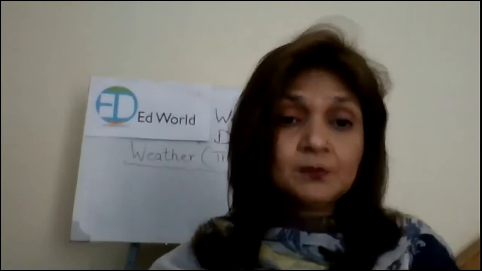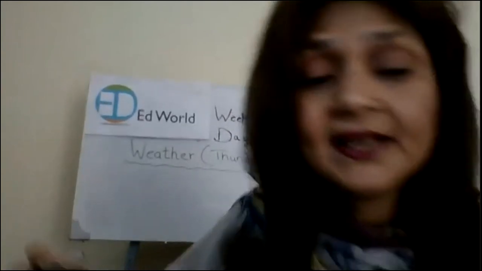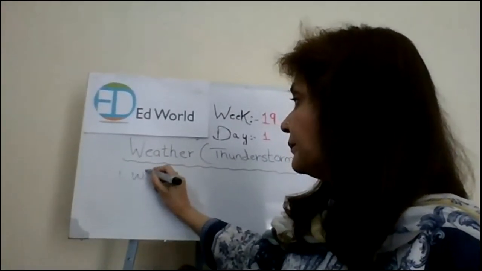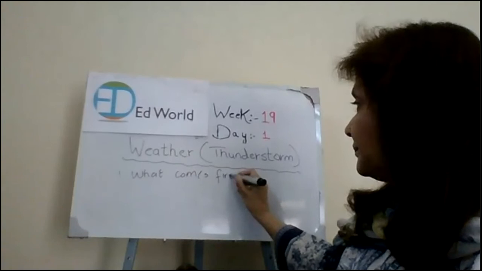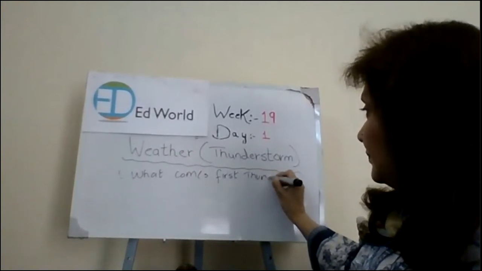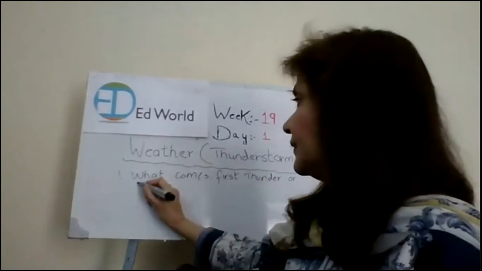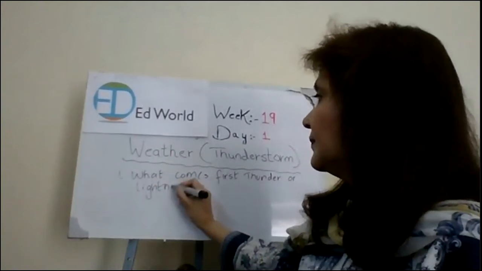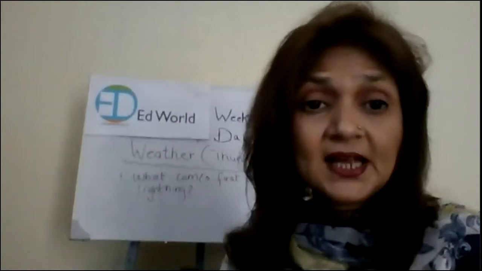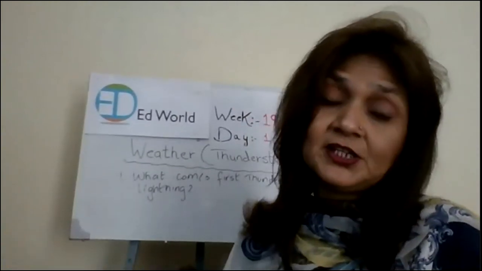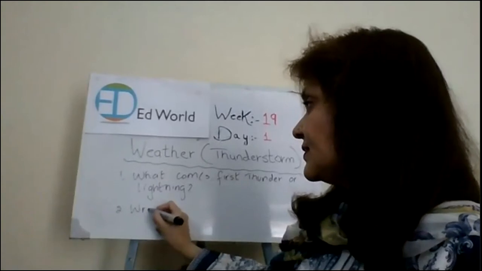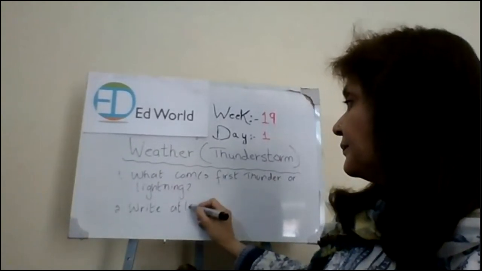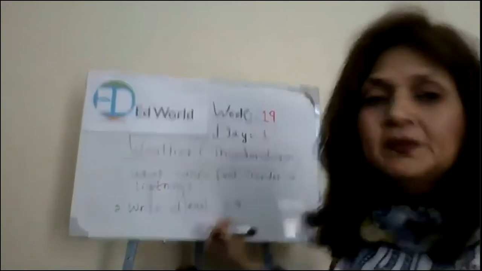Okay. So now comes the question: what comes first, thunder or lightning? This is your first question. Of course, lightning comes first, so you are going to write it yourself, and you have to write at least 3 safety measures.